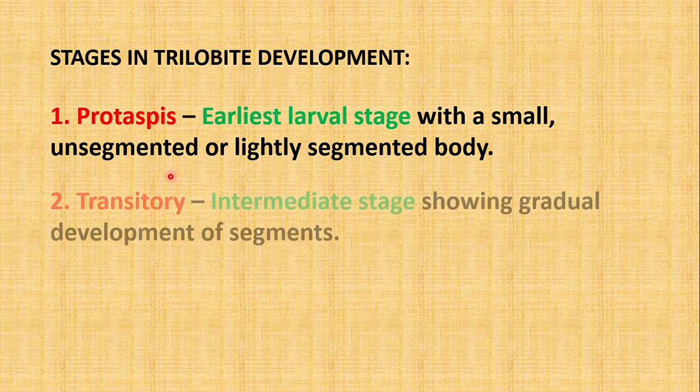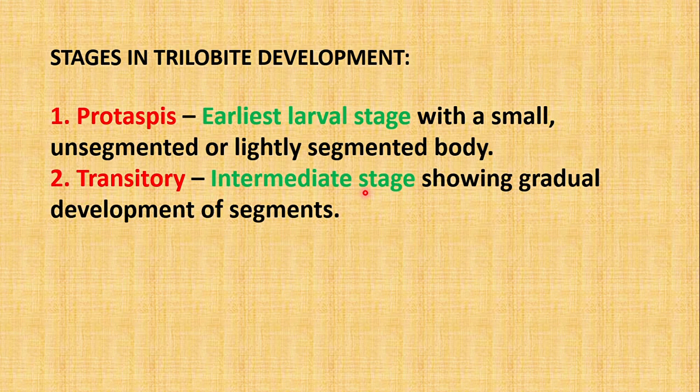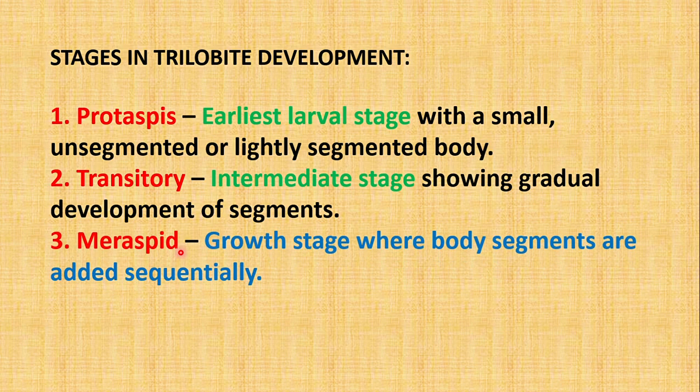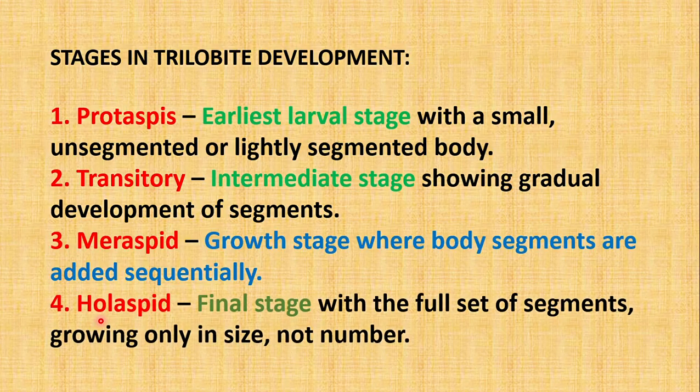Then transitory, the intermediate stage showing gradual development of segments; development of the segments actually starts in the transitory. Then meraspid, the growth stage where body segments are added sequentially. Then holaspid, meaning complete, the final stage of development.